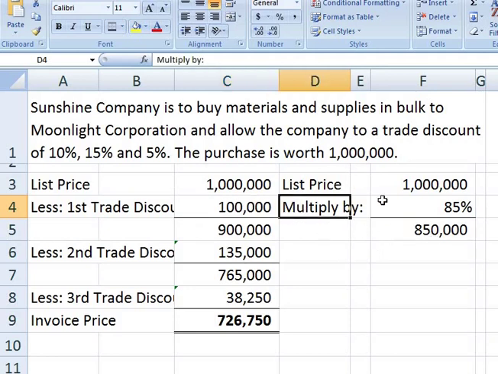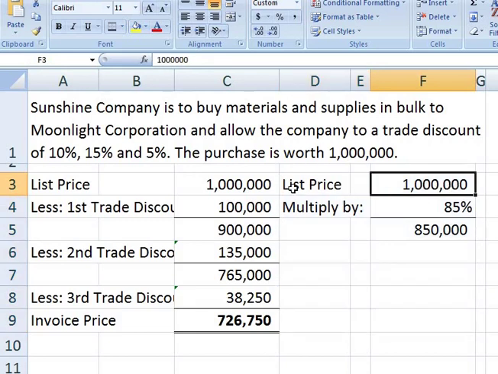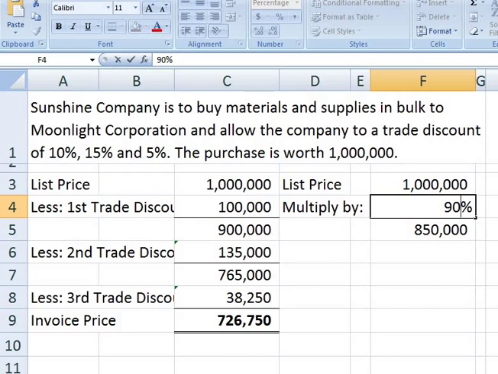So what we can do is, when we apply this particular process here, so for example, mag-start tayo with our list price na 1 million. So since the first trade discount is 10%, so ibig sabihin ang net amount is 90%, kasi 100% minus 10%.